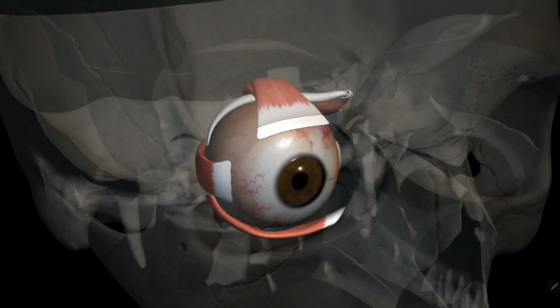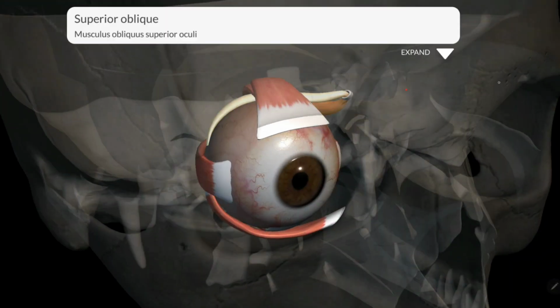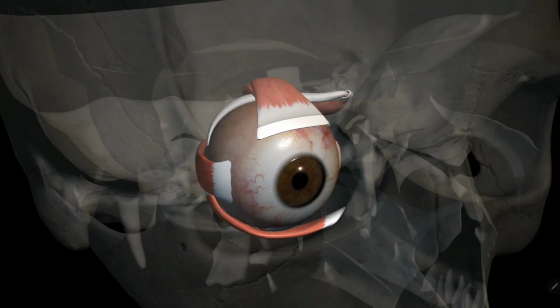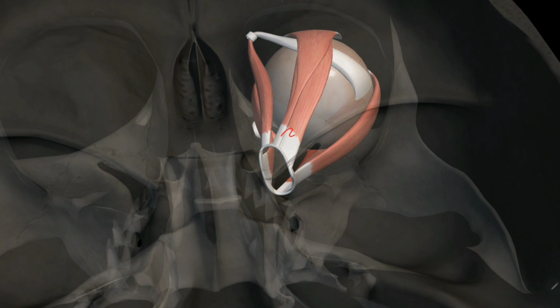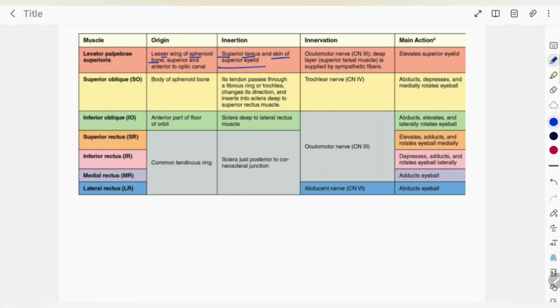See here, the superior tarsus is not visible, but the insertion of the levator palpebrae superioris is taking place on the superior tarsus. And as for the origin, you can see here, it is from the lesser wing of sphenoid bone.